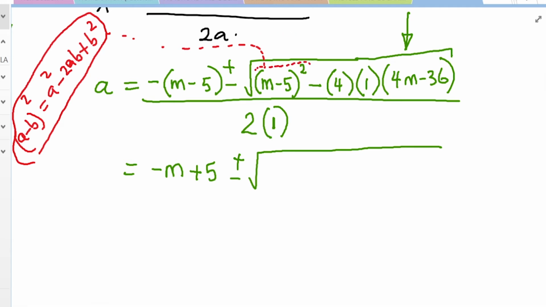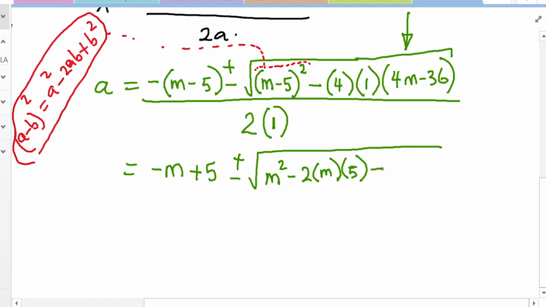So in my next step down here, it's going to become m squared minus 2 times m times negative 5, times 5, plus 5 squared. That's how I've used that identity.